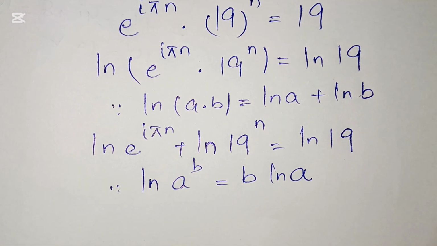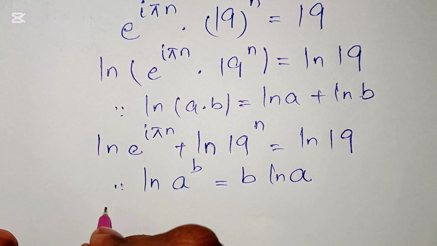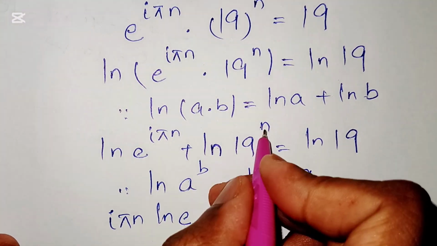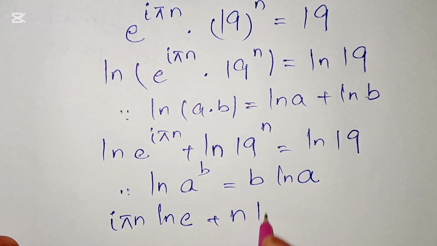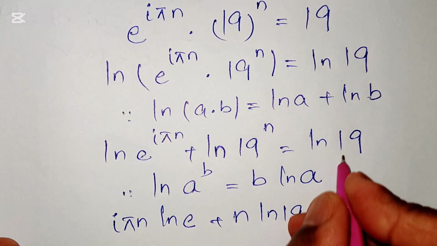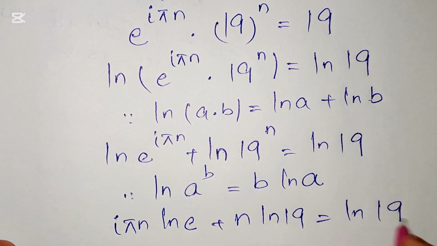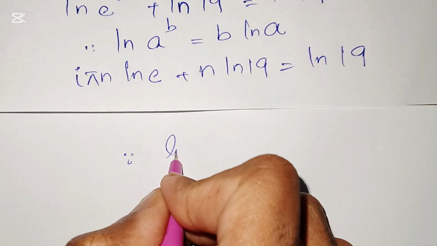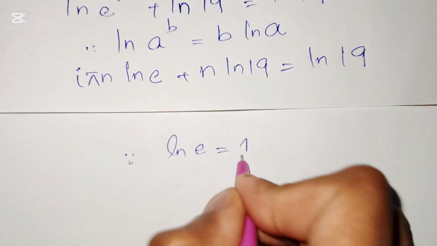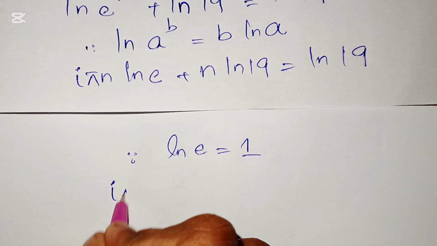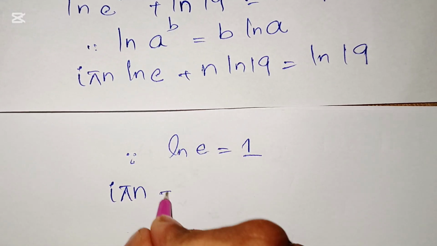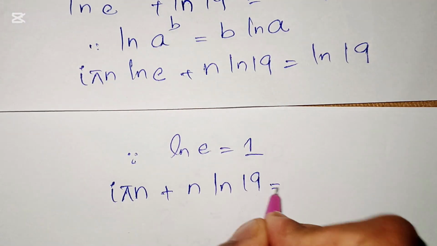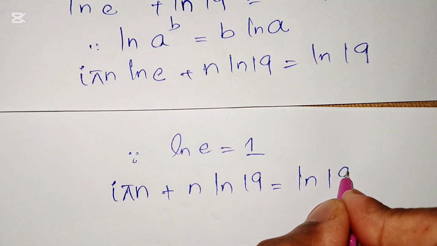This is the power rule. So it will be i pi n ln of e plus n ln of 19 is equal to ln of 19. We know that ln of e is always equals to 1. So it will be i pi n plus n ln of 19 equals ln of 19.